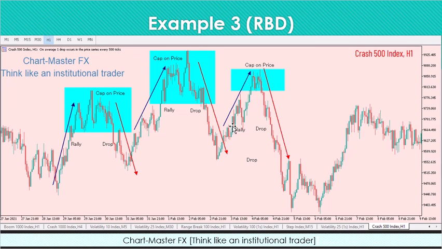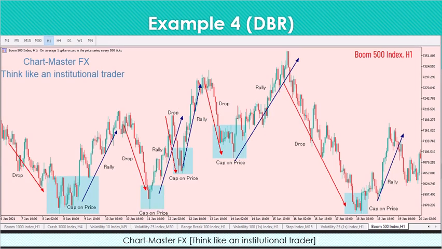So here we can see that we had a rally, base, drop. So this is example number 3. These are the basics, guys. These are just the basics that you need to understand in the market. Okay, so let's go to example number 4.